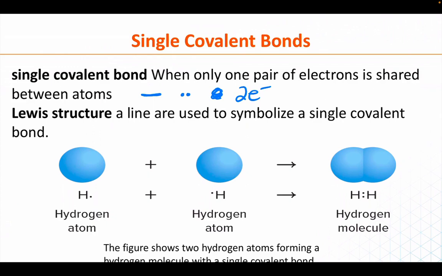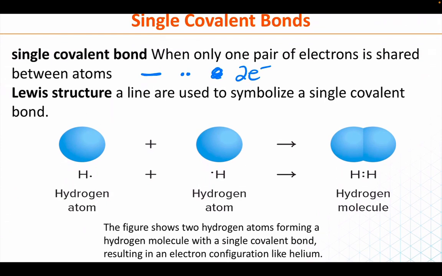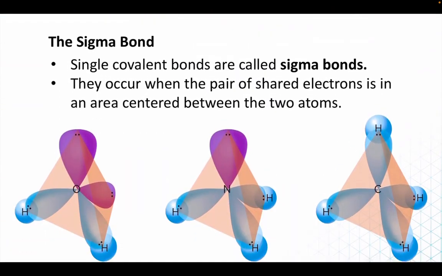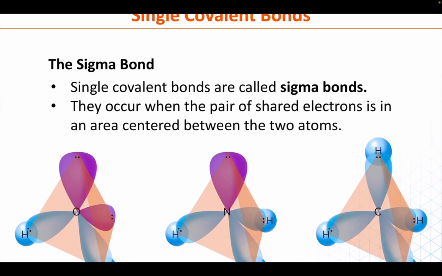A Lewis structure is, like I was just showing you, when you do a line to represent that single covalent bond. So for this example, like the hydrogen bonded to the hydrogen, this would be another example of a Lewis structure. Sigma bonds is the same thing as a single bond.